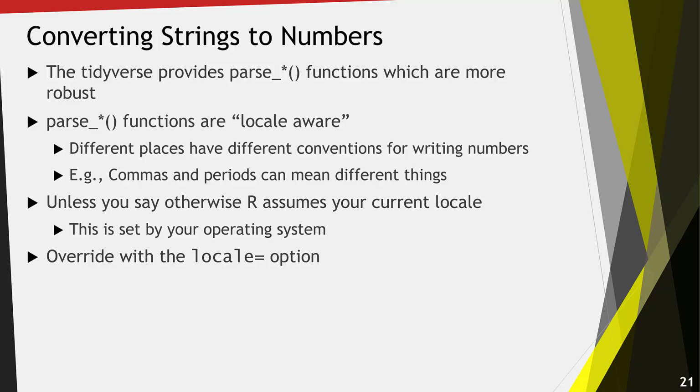In particular, commas and periods can mean different things. In the United States, the comma is the thousands separator, and the period is the decimal separator. That convention is different in other countries. When you use the parse functions, unless you tell R otherwise, it assumes the current locale that's set by the language on your computer. You can override the locale with the locale option to the parse functions.